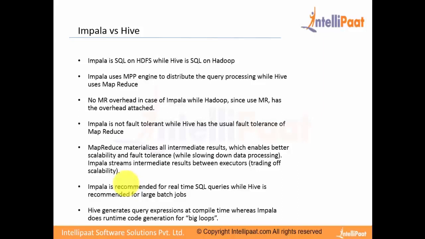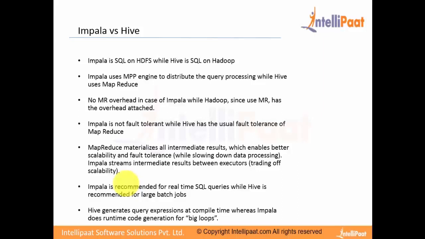There is no MapReduce overhead in the case of Impala, while Hive, which uses MR, has the overhead attached to it. Hence, the queries executed using Impala are going to be very fast as compared to the queries initiated by using Hive.